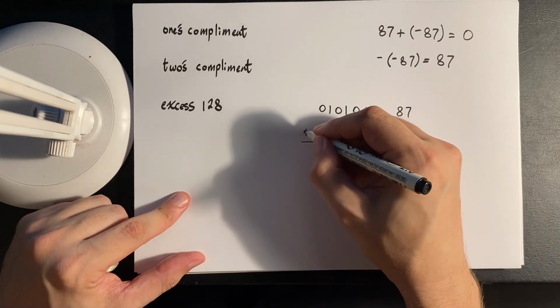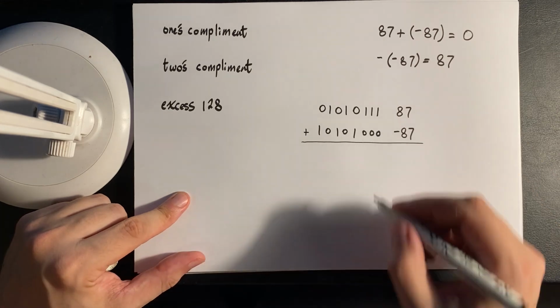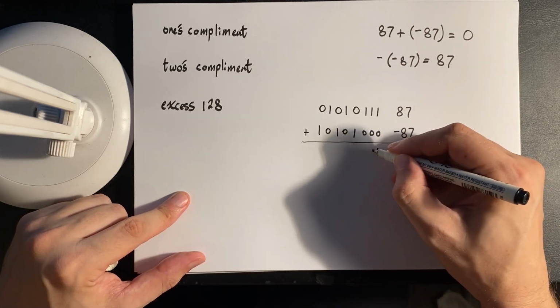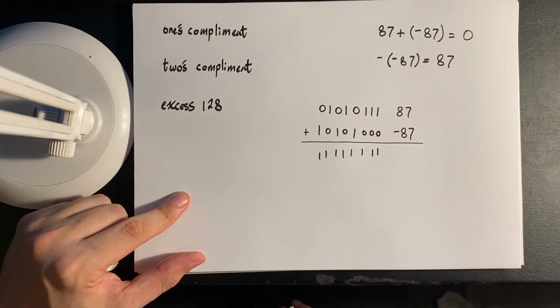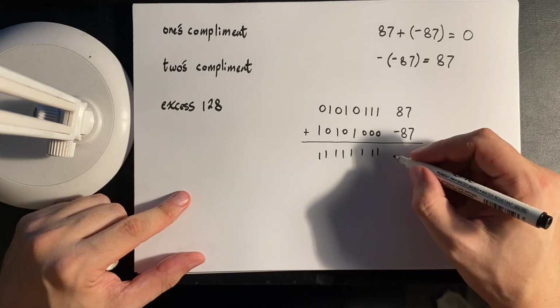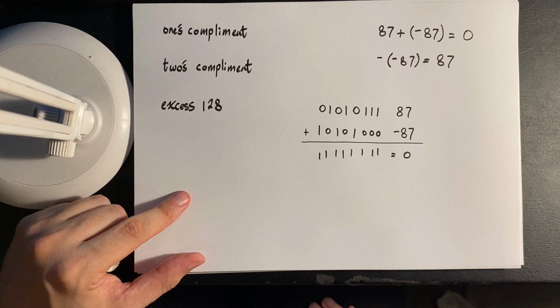This has the property that when I go ahead and add the additive inverse to the original, you can see everywhere I'll have just a 0 or a 1. And yeah, this is all 1's. Now, we can define this to be 0 under the 1's complement system.